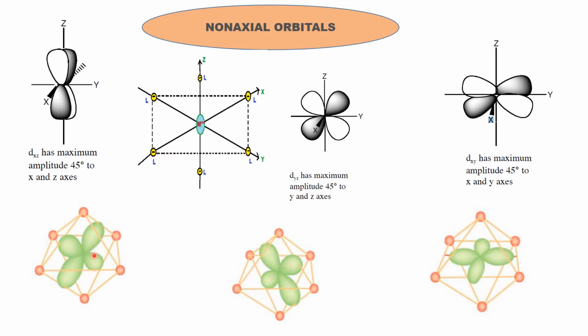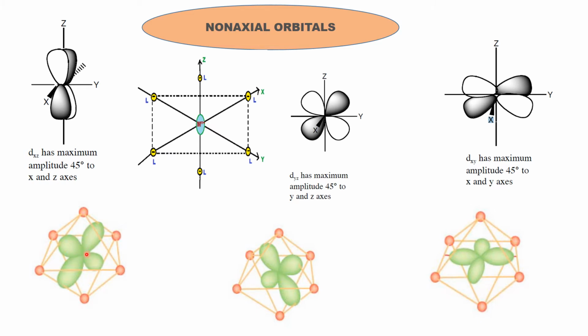We know axial orbitals are highly destabilized because the electrons from the ligand and the electrons from the metal ion are directly approaching, so there is a large repulsion. But in the case of non-axial orbitals, here you can see the dxz orbital.